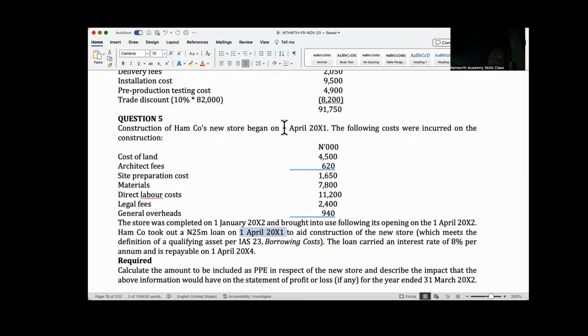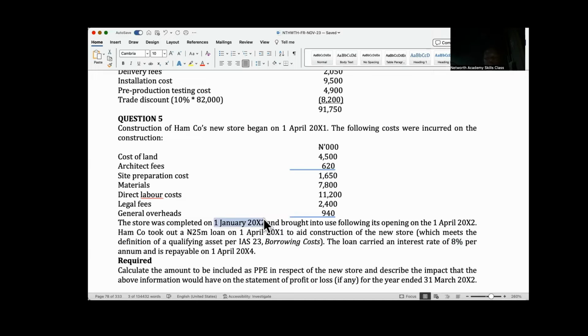Coincidentally, that was when we started construction. But construction was completed on 1st of January 2002, which is equivalent to 31st December 2001. So that means this construction took only 9 months. So that 2,000, we're going to prorate it by 9 months. So just 2,000 multiplied by 9/12.